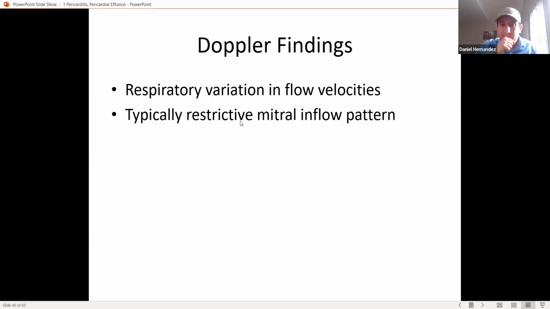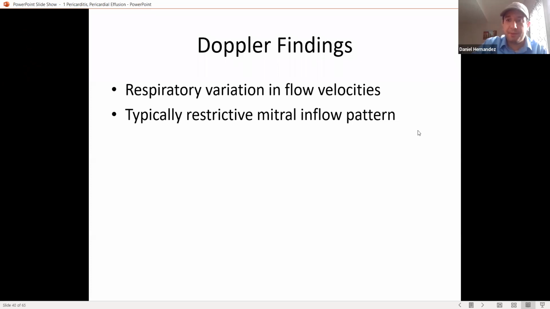So respiratory variations in flow velocities. This is going to be critical for us, particularly when we're trying to differentiate between constrictive pericarditis and restrictive cardiomyopathy. When we had restrictive cardiomyopathy, we didn't have respiratory variation in terms of our mitral inflow, our E and A waves.